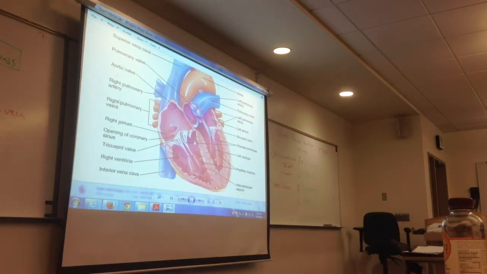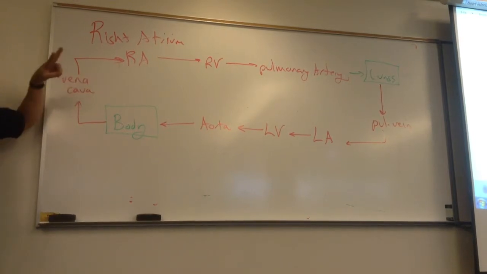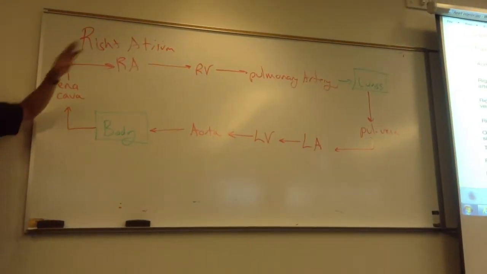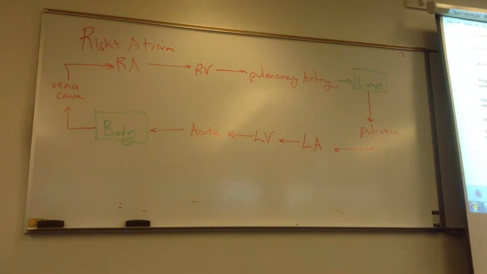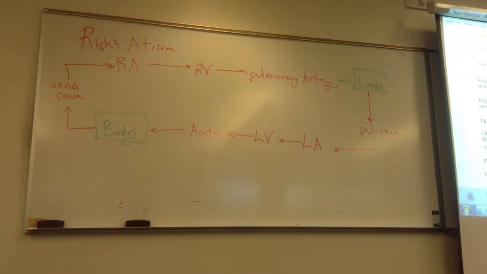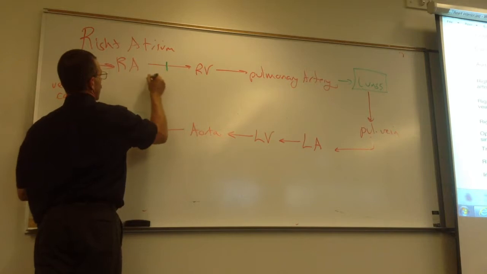Where is the tricuspid located on my flowchart? It's between what two things? Very good. So I'm going to use a different color. Look at the tricuspid. It's between the atrium and the ventricle, AV. So I'm going to use green. I'm going to draw it just like that.